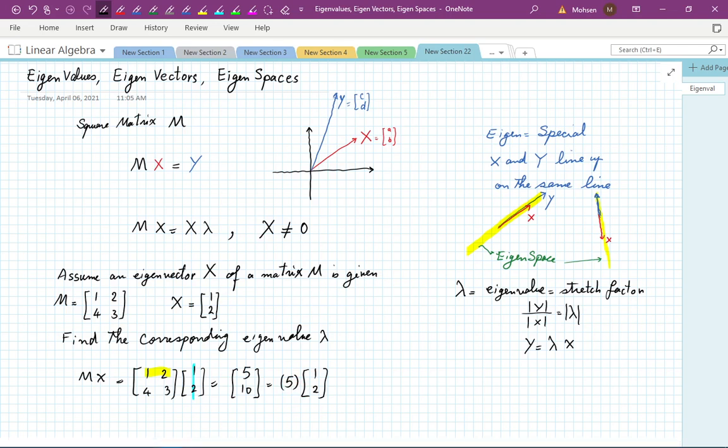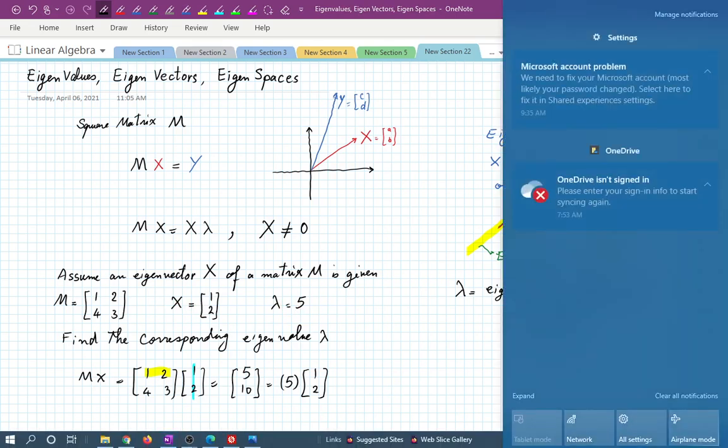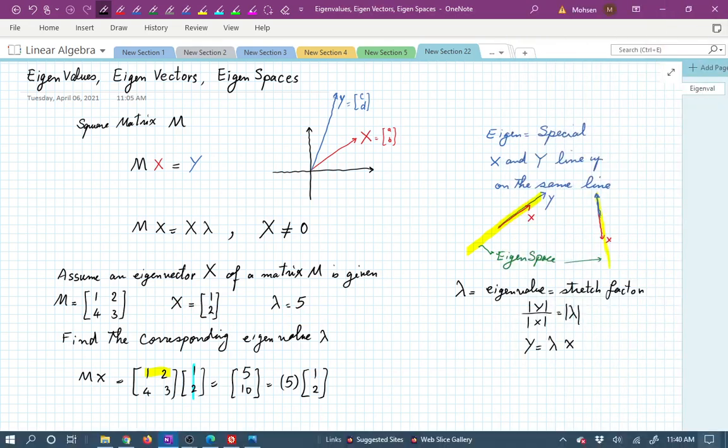So in this case, we say for x equal to 1 2, lambda does turn out to be 5. The stretch factor is 5. So this is the simplest type of problem where the eigenvector is given and we are to find the eigenvalue.